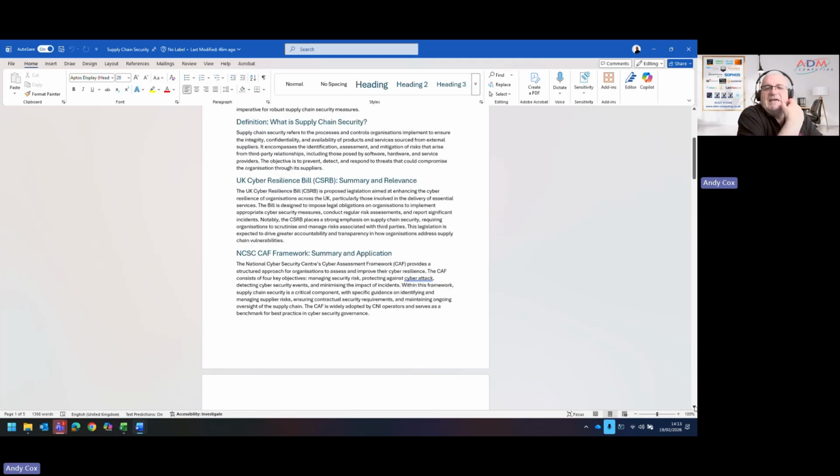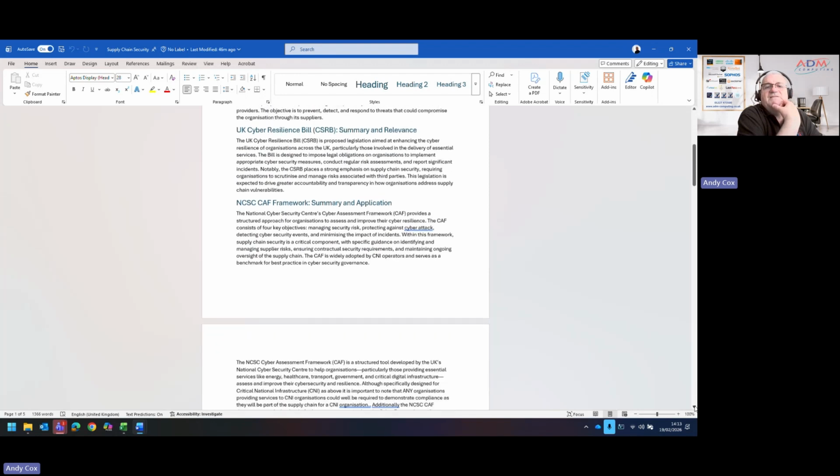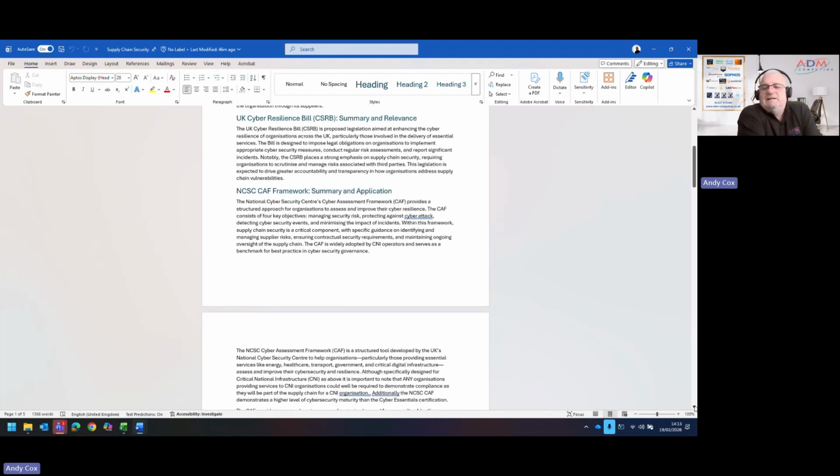So we have here a summary of the UK Cyber Resilience Bill. I'm just going to read this bit out. The UK Cyber Resilience Bill is proposed legislation aimed at enhancing the cyber resilience of organisations across the UK, particularly those involved in the delivery of essential services.